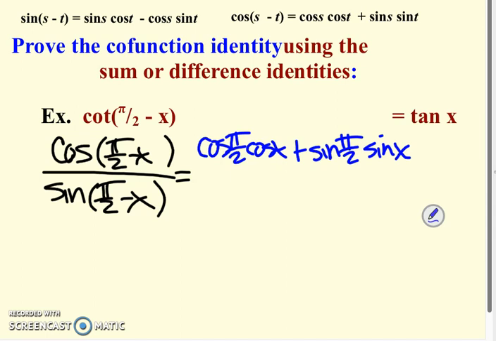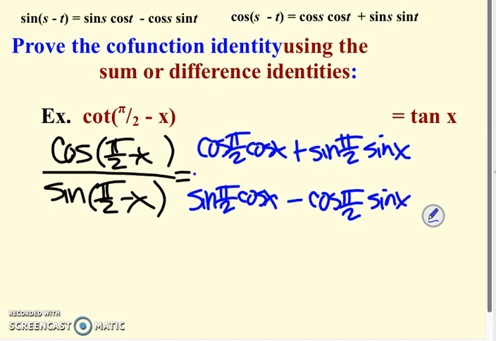Do a sine difference. So we're intentionally asking you to do it a certain way.